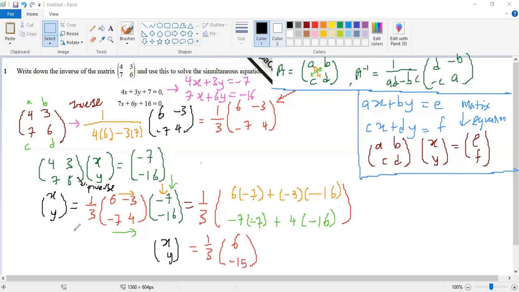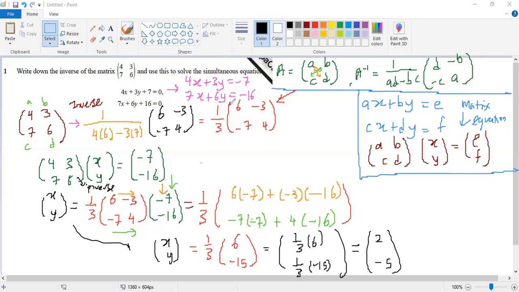Please take note, just pulling it up from here, writing it closer. Then finally, we multiply the 1/3, 1/3 of 6 goes inside like a constant, and negative 15 multiplied. We arrive at the answer, which is 2 and negative 5. That means, in short, we should write the value of x as 2 and y as negative 5. Sorry, negative 5. Thank you.